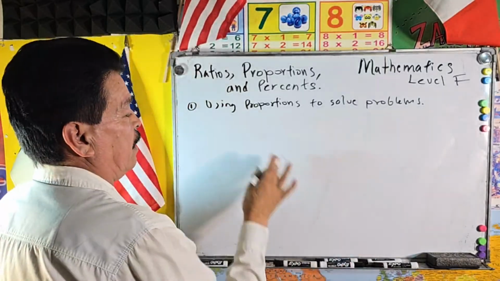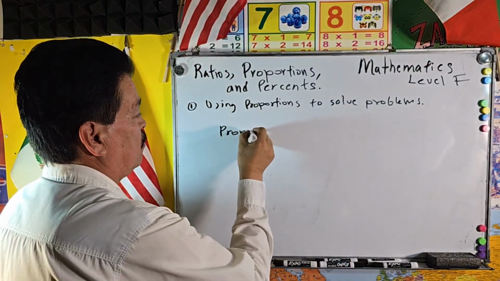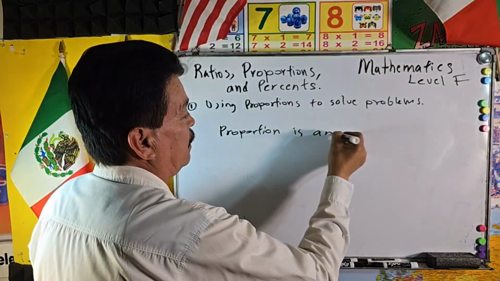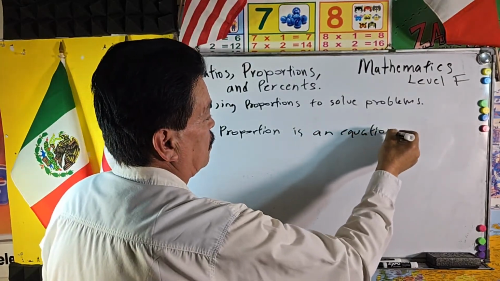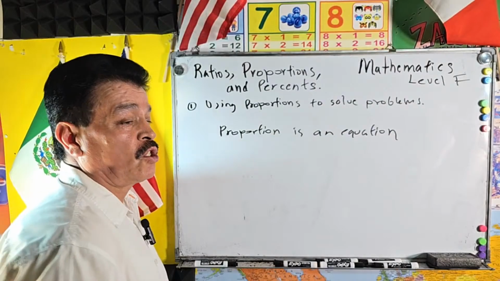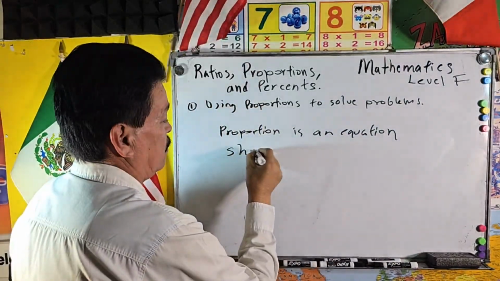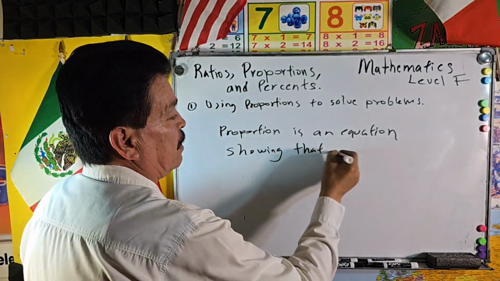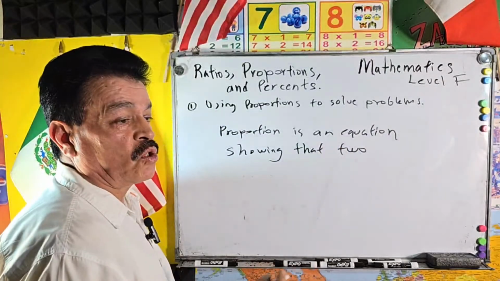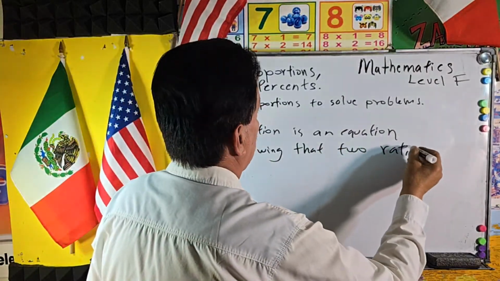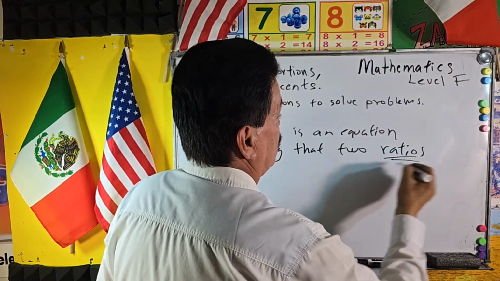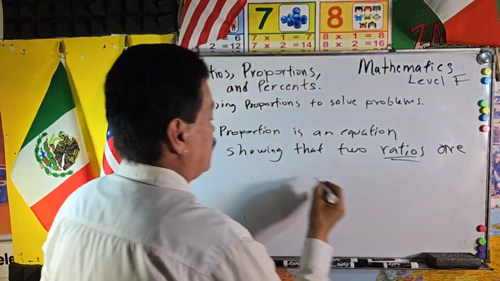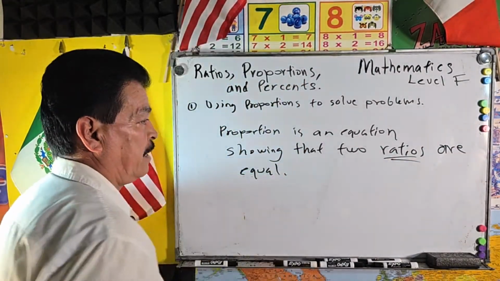So a proportion, as a concept, is an equation showing that two ratios are equal. Two ratios are equal.